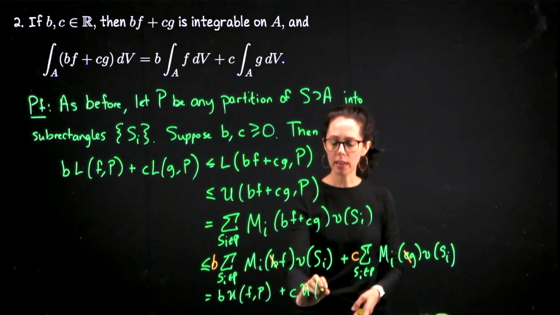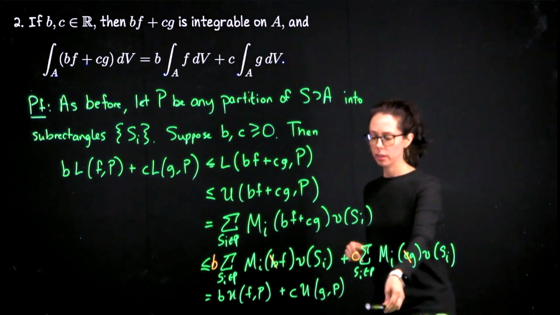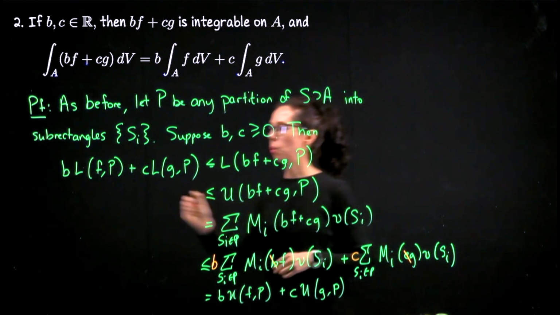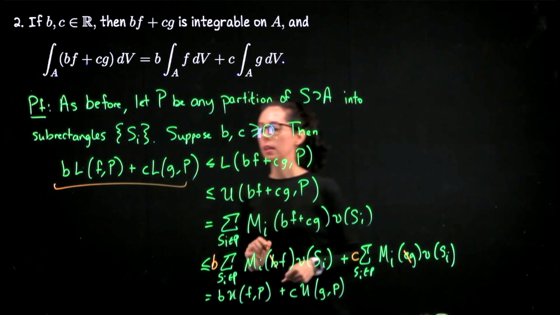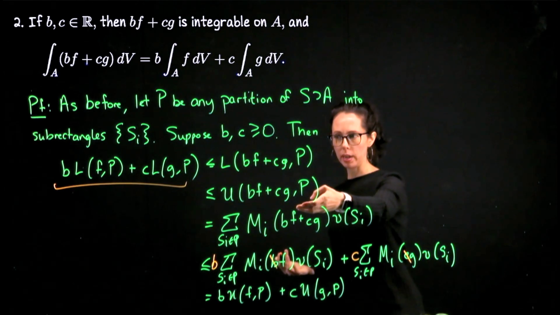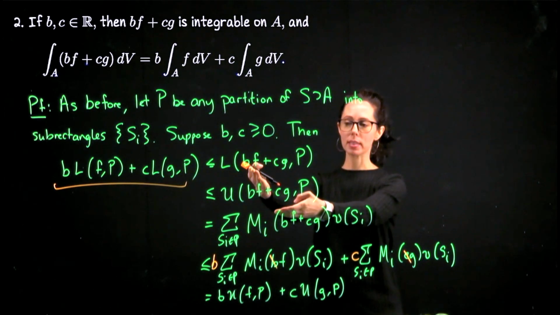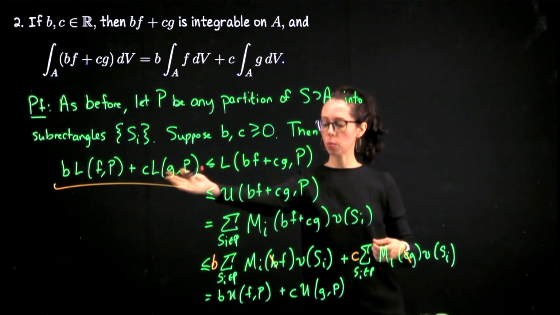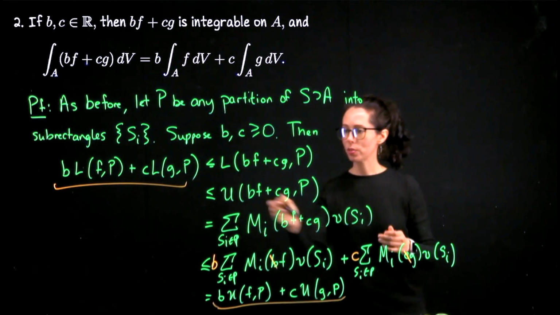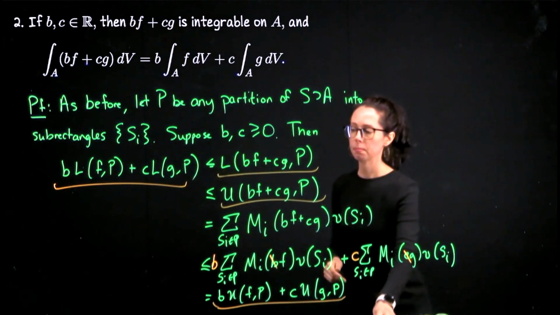And this is true for any partition. So we still have the key pieces of information here, which is that this quantity is a lower bound for this quantity and this quantity. So I've got the lower and upper sums of the function we are trying to assess squeezed between this quantity and this quantity. Okay, so it's really these four pieces that I've underlined that we need to think about.